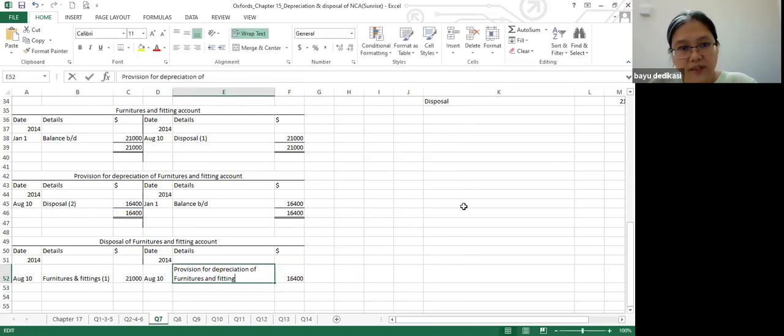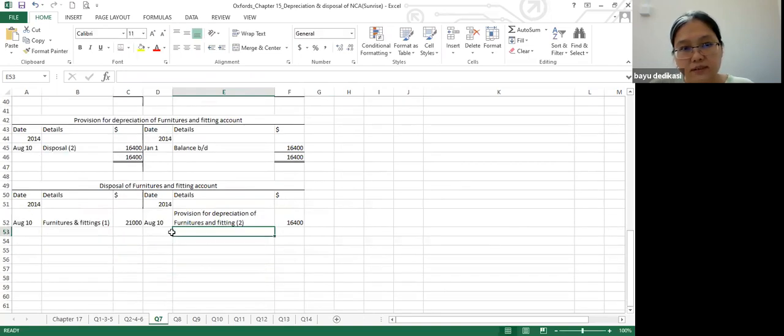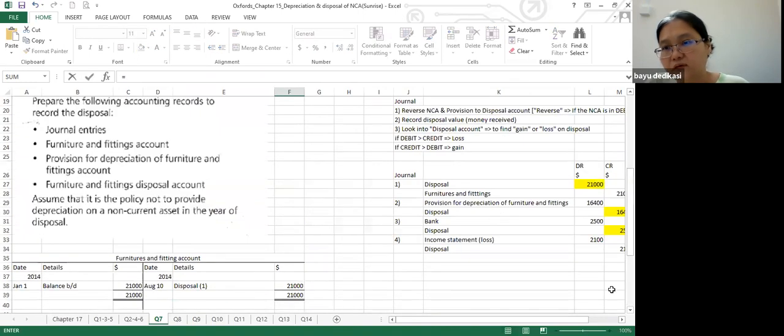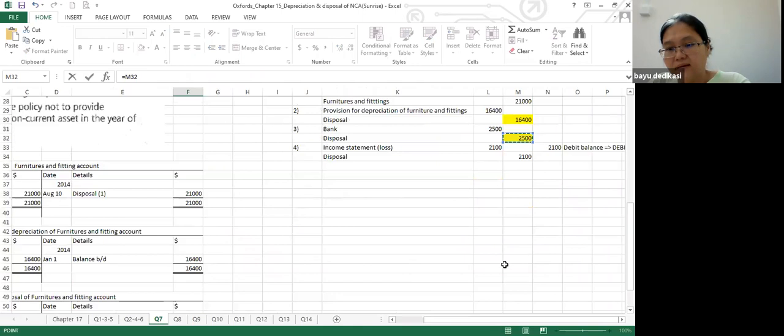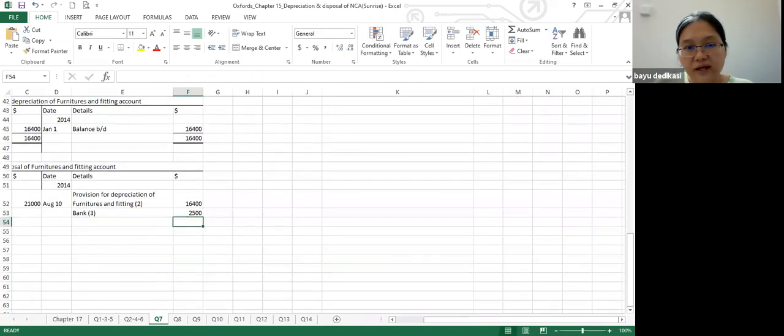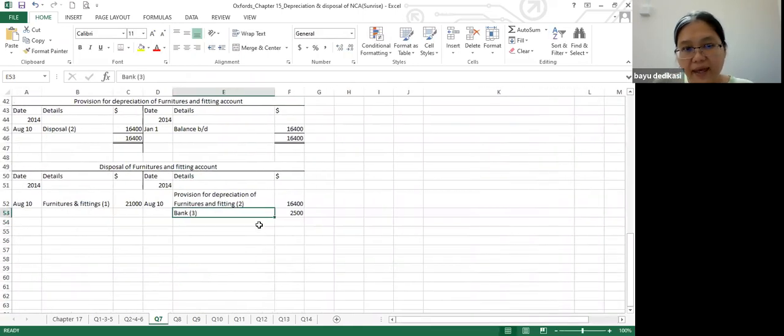This information is from the number 2 journal. The next one, the bank amount, is from the number 3 information. The bank amount that we receive is 2005. So this is debit bank, credit disposal.